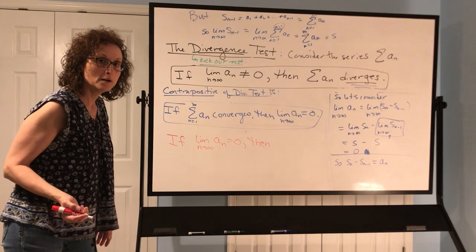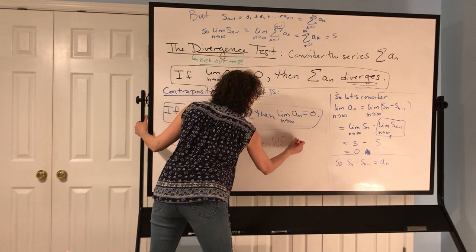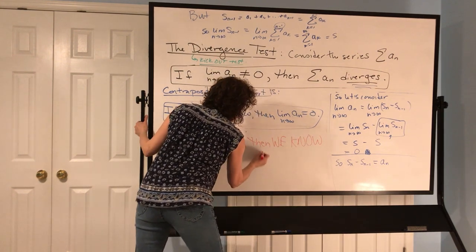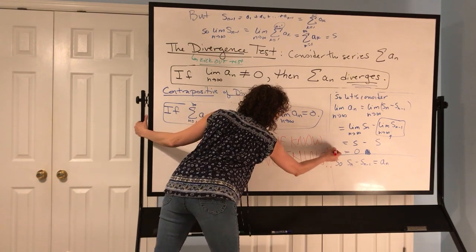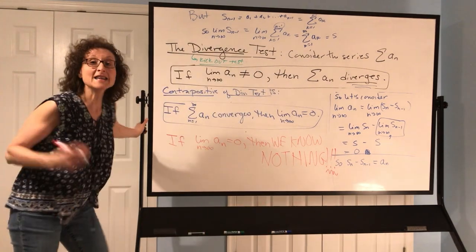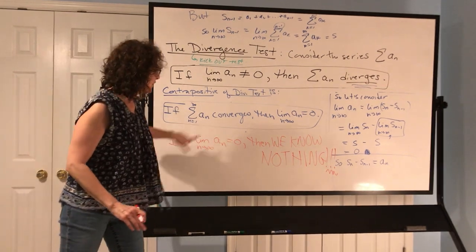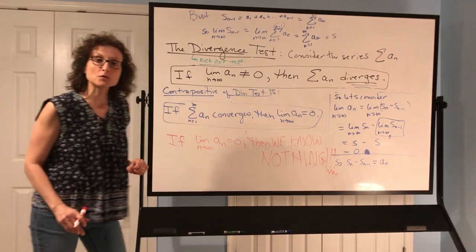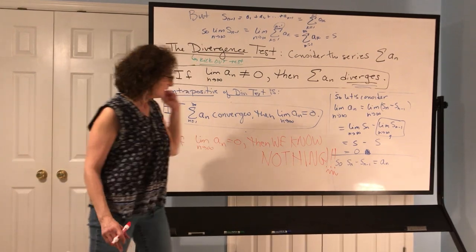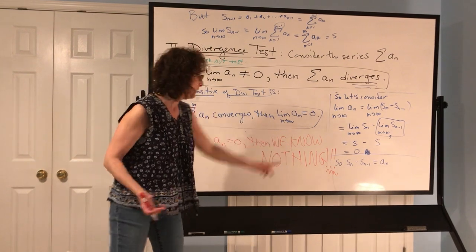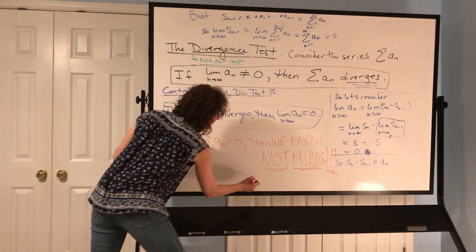Nothing, right? The converse of this statement is not true. If the limit as n goes to infinity of a sub n is equal to 0, then a series could converge or diverge. We know nothing. We need another test.